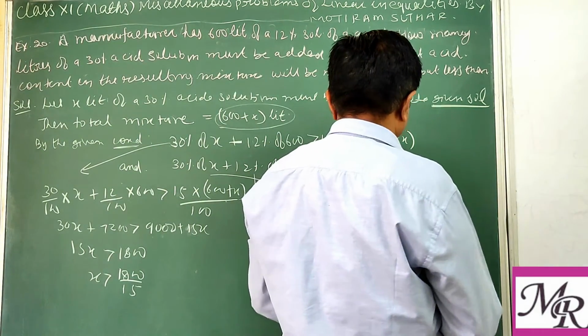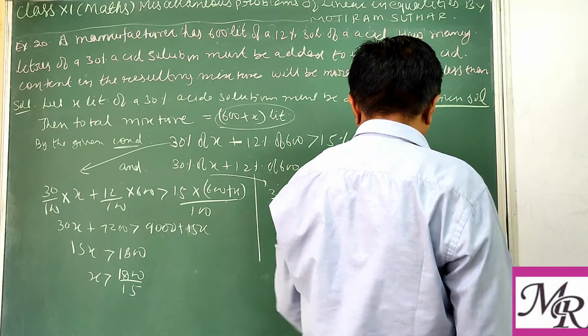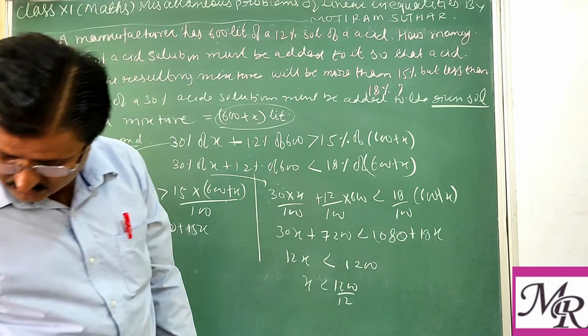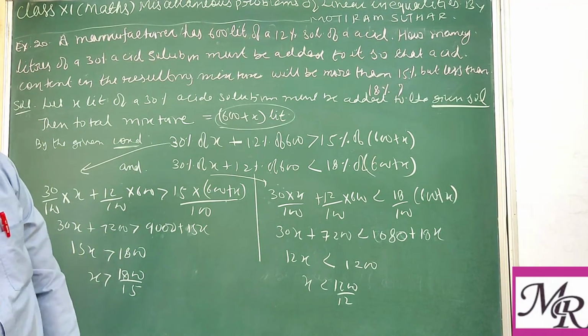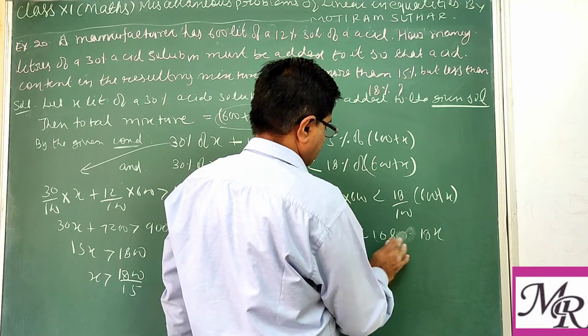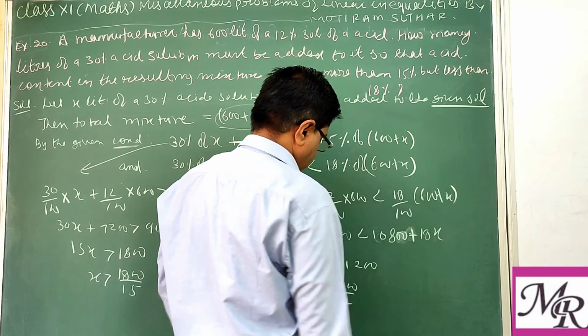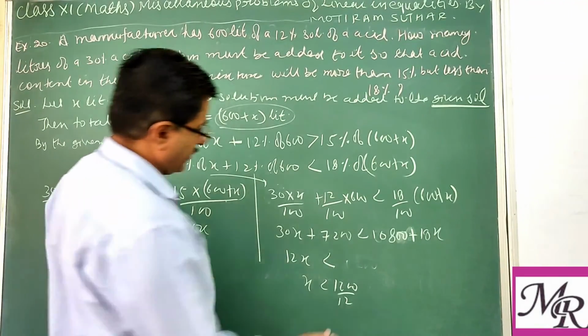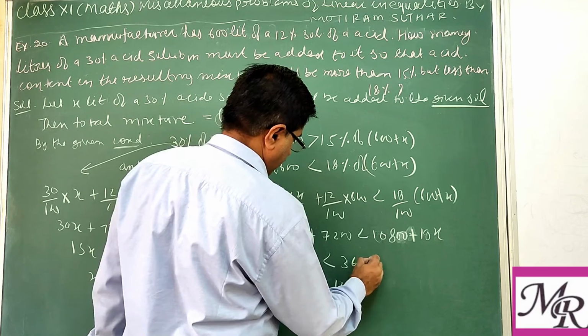This is 18 into 6, that is 108. And 12x less than 3600.